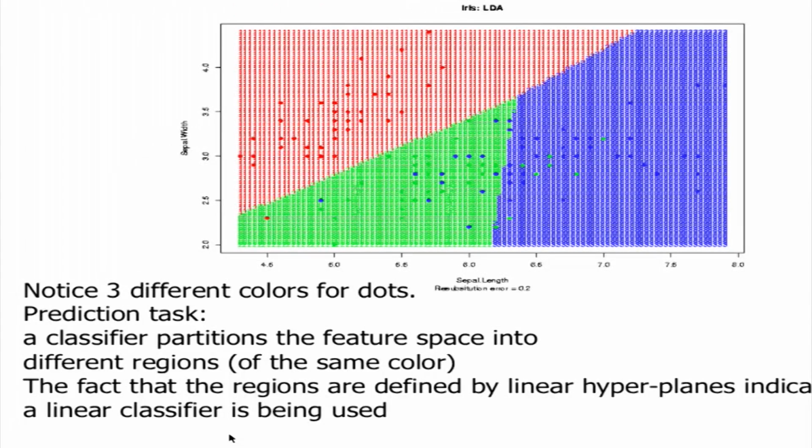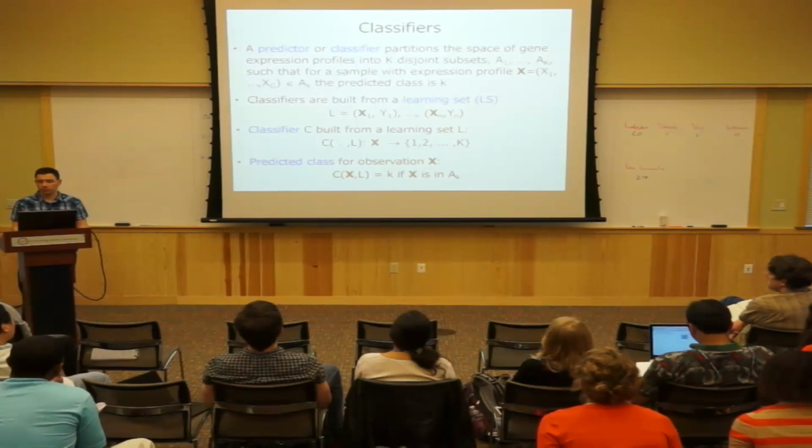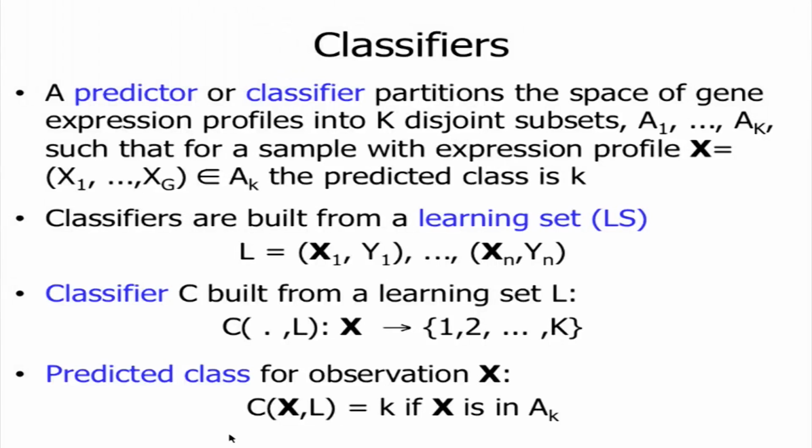So this hopefully visualizes what I mentioned here, that a classifier partitions the feature space into these different regions, which are here denoted as A1 through AK. All right, let me give you some additional terminology.